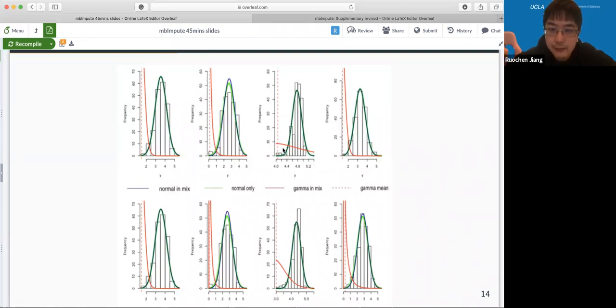So if we fit a gamma normal mixture model, it may have a result like this. So then it's hard to decide which part. Although we can calculate the probability of the counts belonging to the gamma distribution, it's hard to say that those counts should be not zero, because if we just use the normal distribution, it can well capture the variance in the data, basically.